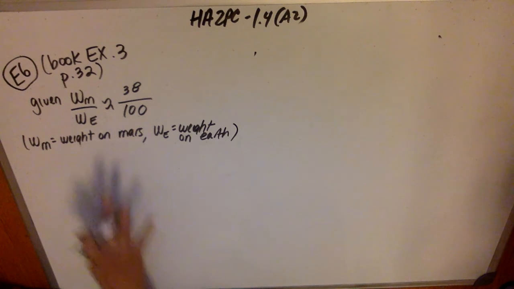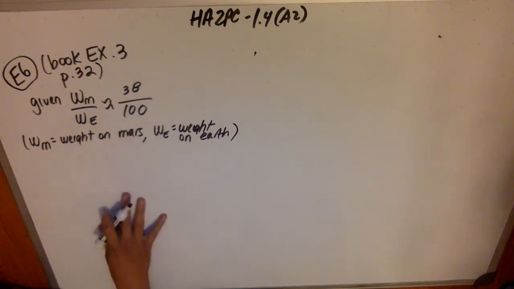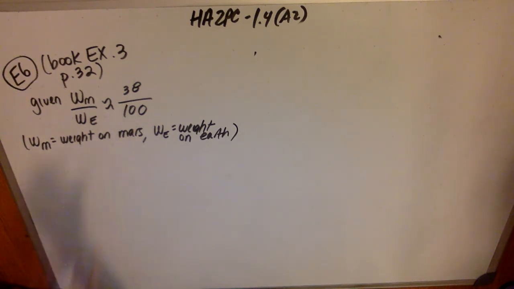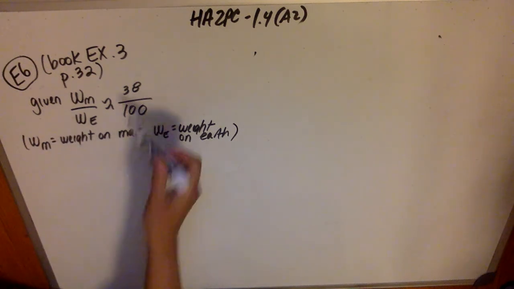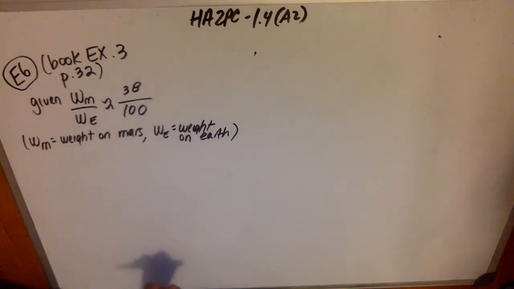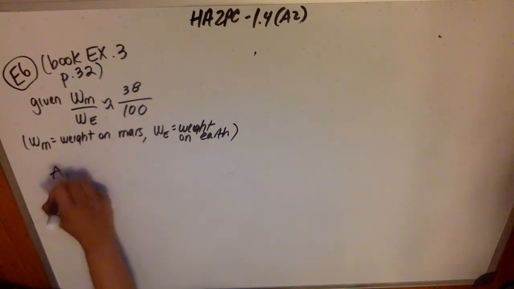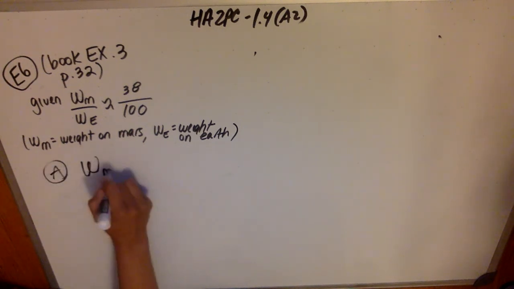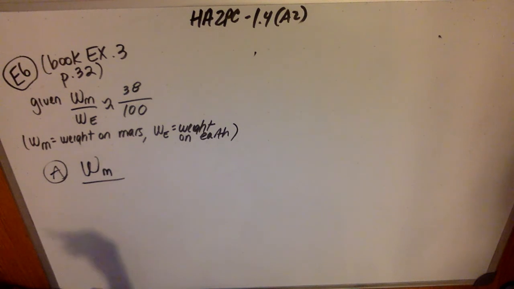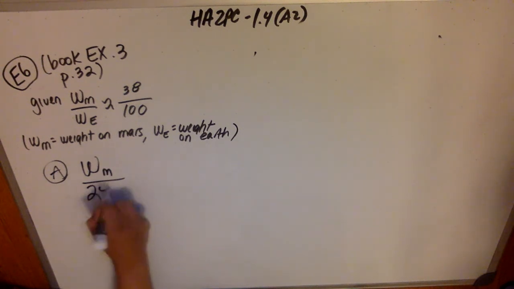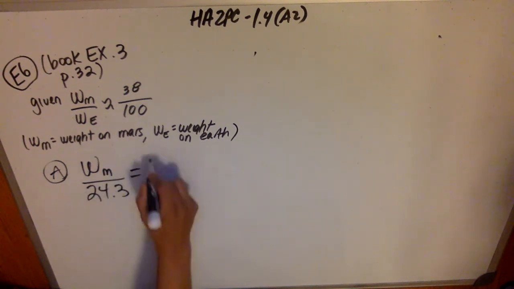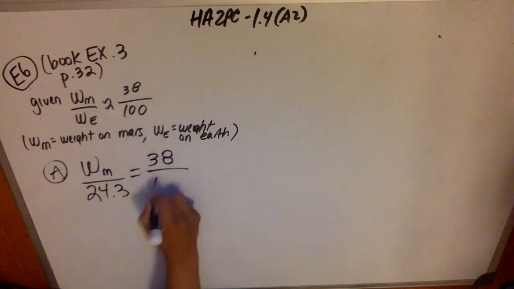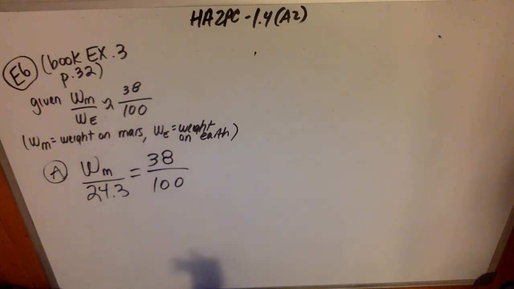So here's what I know. I know that essentially the weight on Mars relative to the weight on Earth is 38 to 100, right? So I know that in this problem, in part A, I want to find the weight on Mars of the little wagon, the Sojourner, and it is 24.3 pounds on Earth, and that is apparently close. It's not exactly right, but we're going to call it 38 over 100.